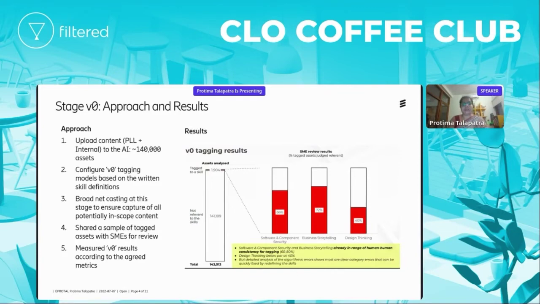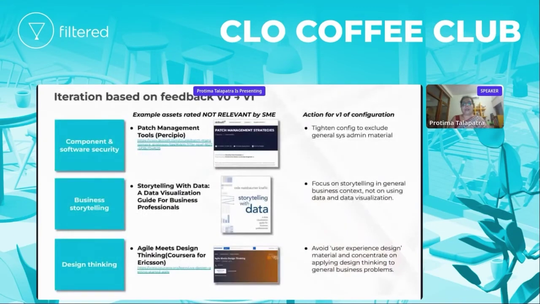We went through the content and we said, let's look at where the disparity lies. We asked the subject matter experts which courses really don't make sense to be part of this. There were courses like a patch management course aligned to security from Percipio. There was a course around data visualization for business storytelling.